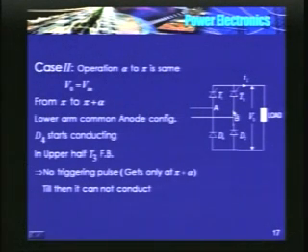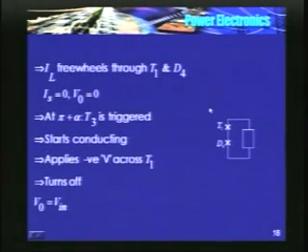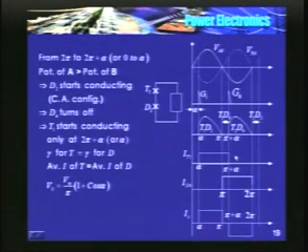From omega t equal to pi plus alpha, T3 starts conducting; D4 started conducting at omega t equal to pi plus. So this is the equivalent circuit at omega t equal to pi to pi plus alpha, and this is the equivalent circuit from 2 pi to 2 pi plus alpha.